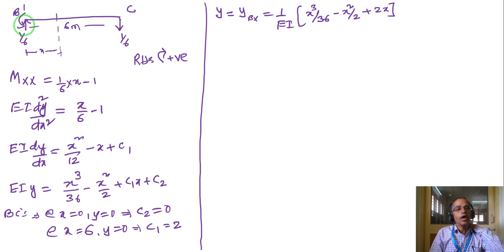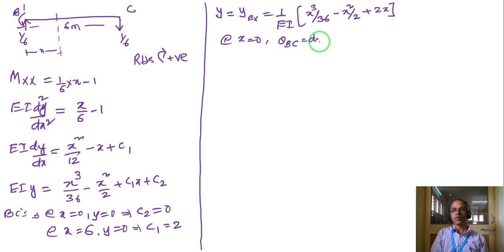And we also know at x equal 0 there is a slope which already we have. At x equal to 0, for this portion, the slope is theta BC, which is dy by dx, which is equal to, substituting x equal 0 here, C1 is 2, so directly 2 by EI.